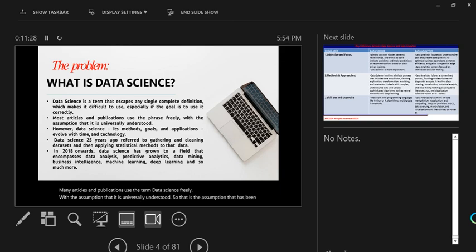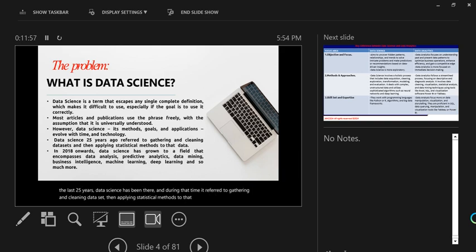But when we are defining data science, it involves methods, goals, and applications that evolve with time and technology. Therefore, it means that data science has been there for the last 25 years. During that time, it referred to gathering and cleaning data sets, then applying statistical methods to that data.